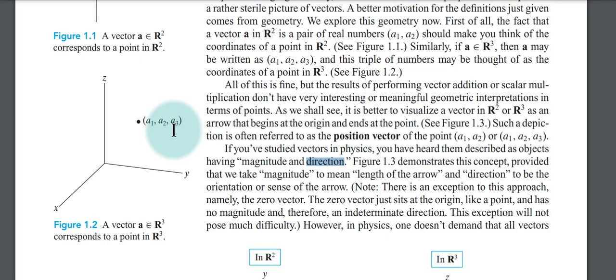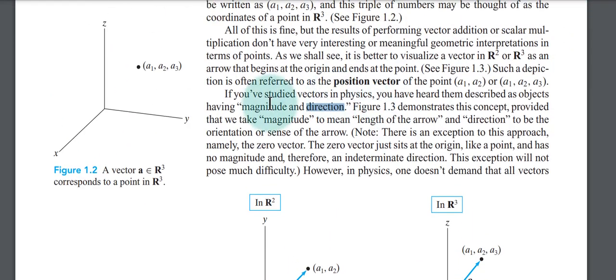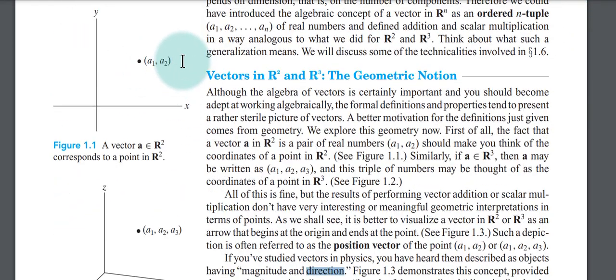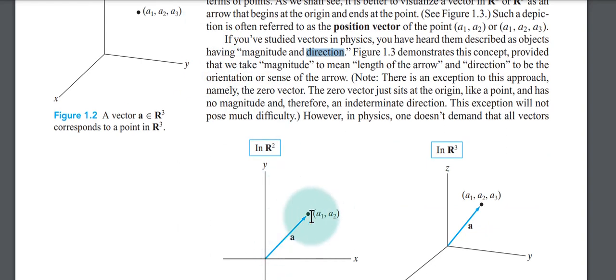A point doesn't really have a magnitude or a direction, but we can also think of it in this way as well. So in other words, instead of taking the point like that, we can think of this arrow. So it's just another way to think about vectors. So one way is to think of it like this. Another way is to think of it like this.